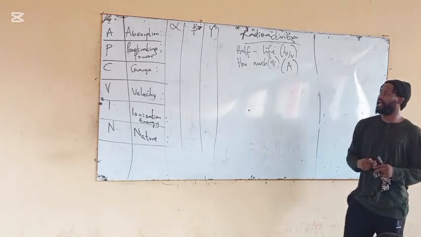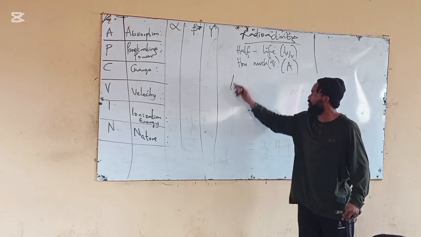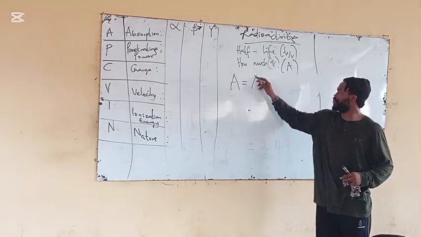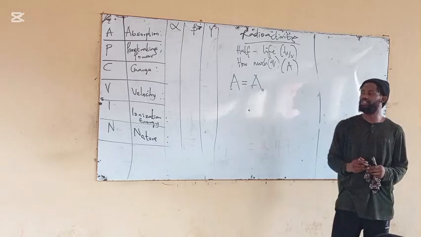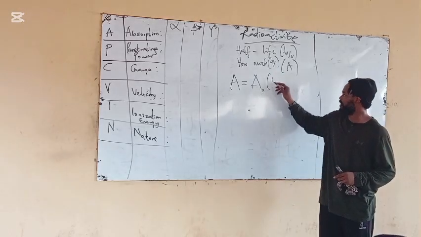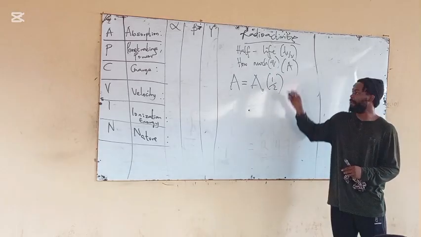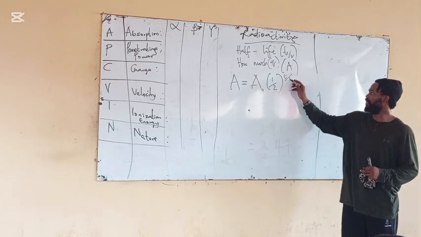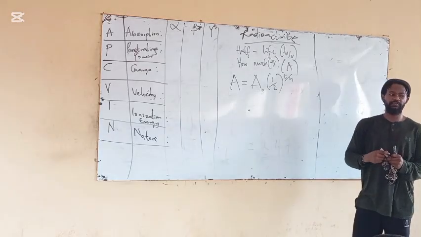So the first formula I want you to note under this is A, the amount that is remaining, is equal to the initial amount, A0, times half raised to the power T, that is time gone by, all over time for half-life.